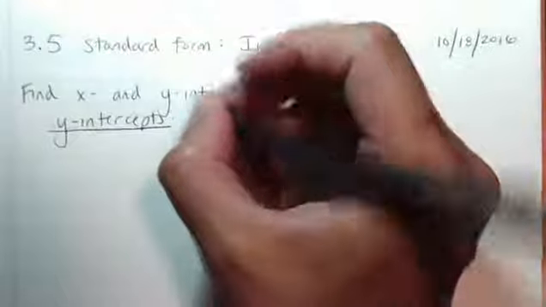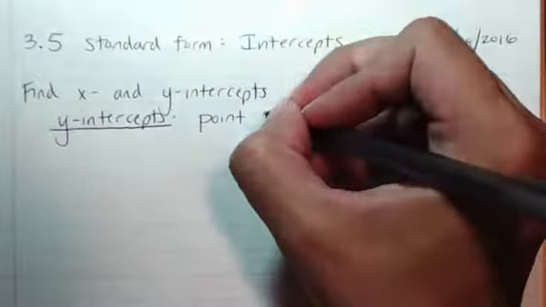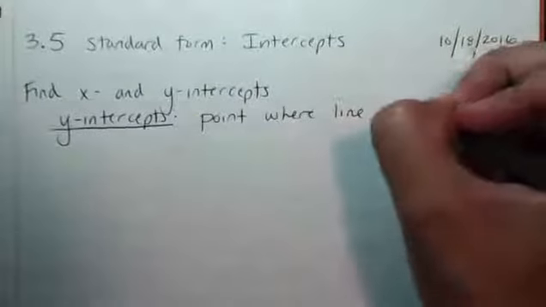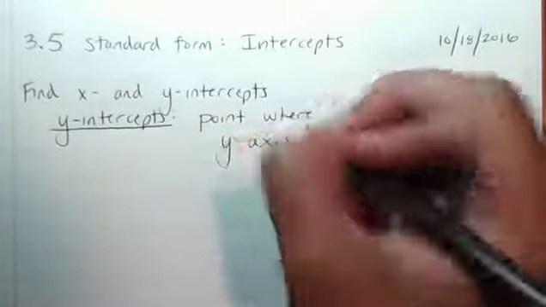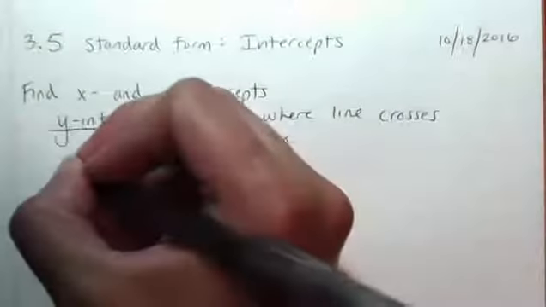Okay, I would define that as the y-intercept is the point where the line crosses the y-axis. And we're going to draw a picture in a second with both the y-intercept and the x-intercept. But again, it intercepts the y-axis. That's why it's called the y-intercept.